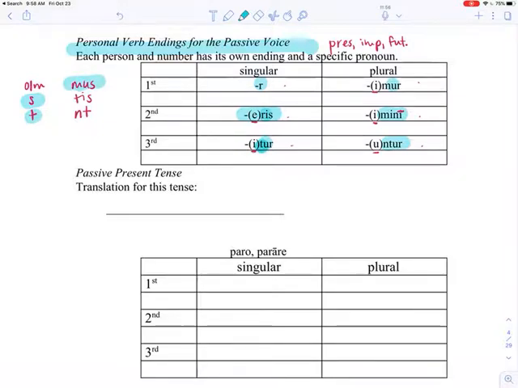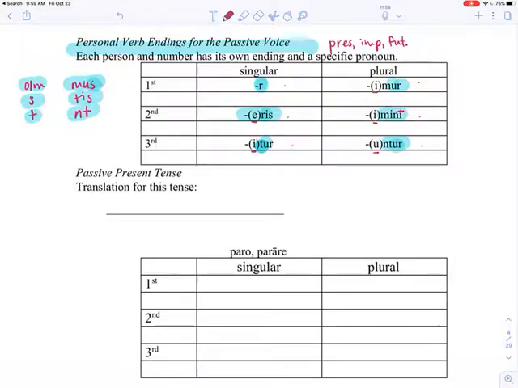Mus is probably the closest, and that S at the end just changes to an R, okay? Second plural changes quite a bit, okay? We went from tis to mini, and then our third plural kind of did like our third singular, where we just took our active one and we just added ur to the end of it, okay? And I know I left out the first singular, but they're pretty different as well, okay? So just make sure that you're learning the differences, okay, because they are important.